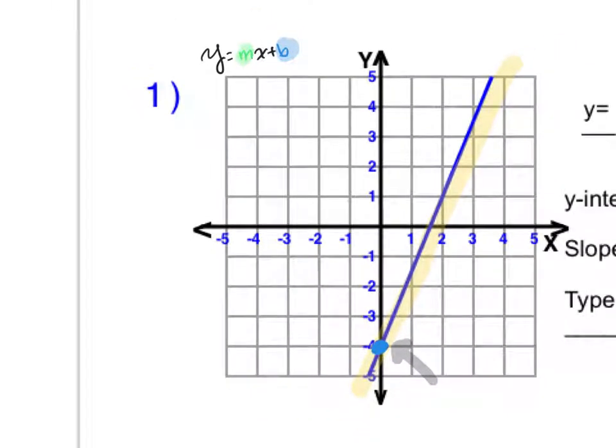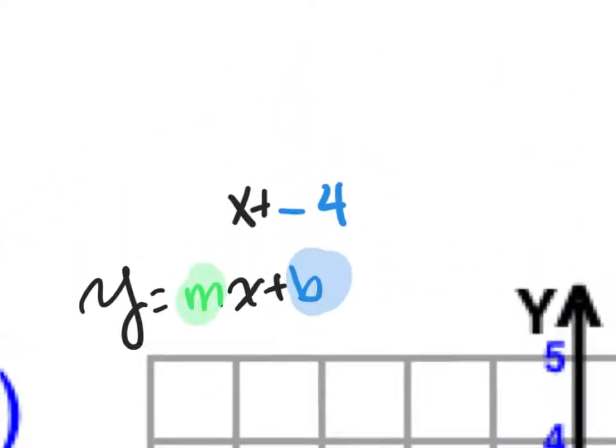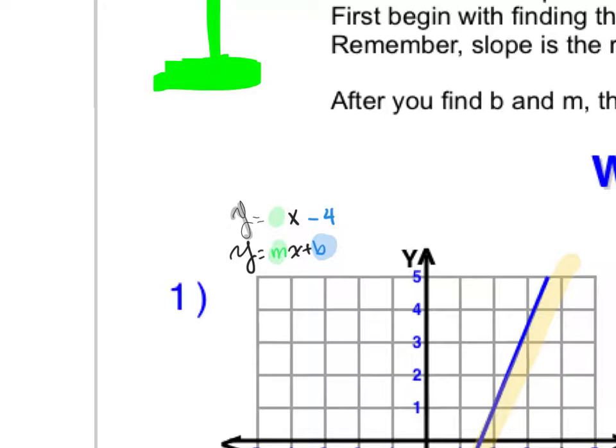So here would be your -4, plus an x, or x plus... Adding a negative is not really just subtracting, so we don't need this right here. All right, so there we go. We got our x, and we have our y. So all we need now is a slope.